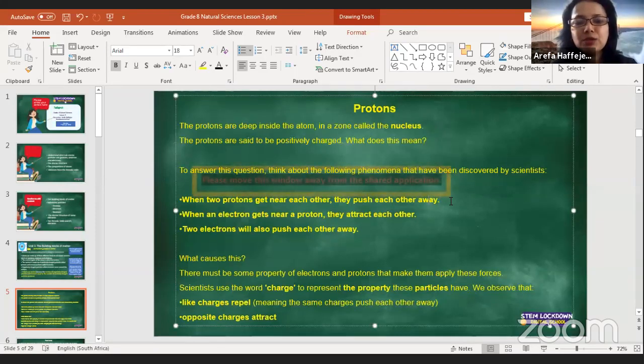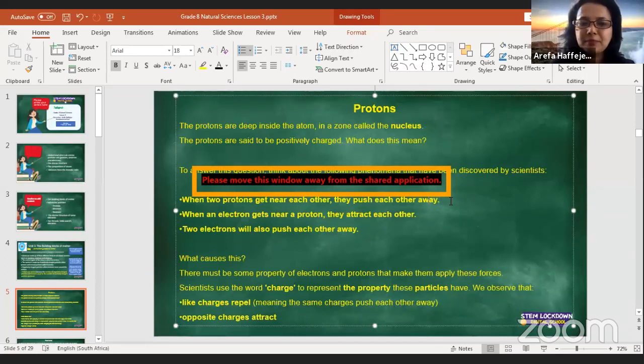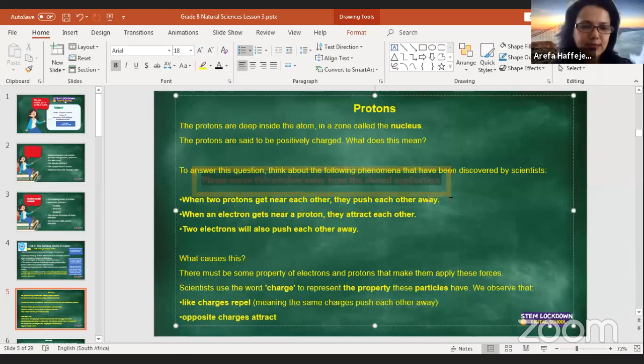Two electrons will always push each other away, just like the protons are the same, so they push each other away. Now you may ask yourself, what causes this? Why would protons push each other away and electrons and protons attract each other?